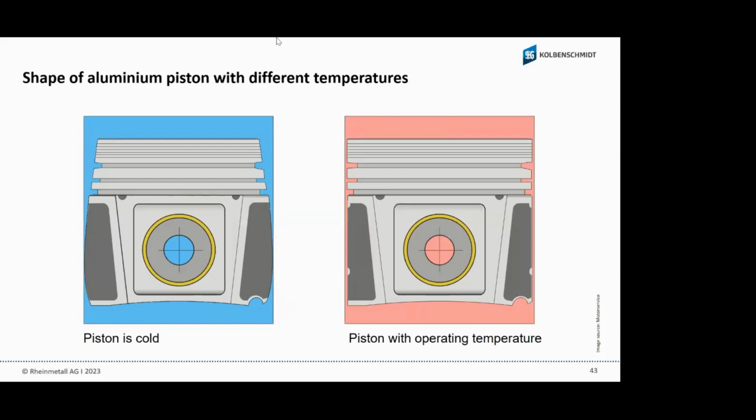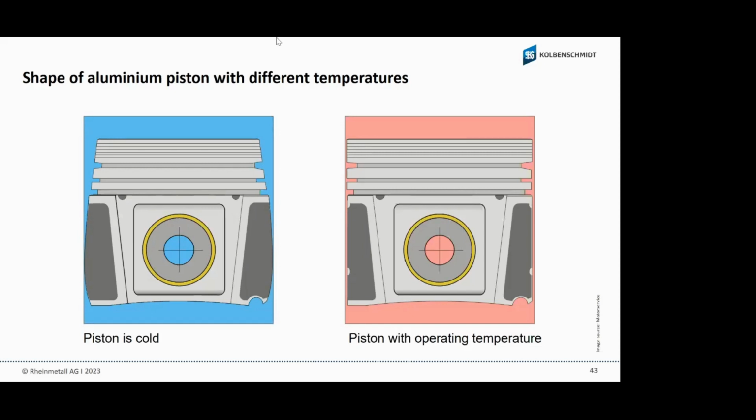In the cold condition, the piston is not round. See the left side of the slide. But at operating temperature, the piston is in the bore. It's round and it seals perfectly with the piston rings the combustion side from the bottom of the engine.